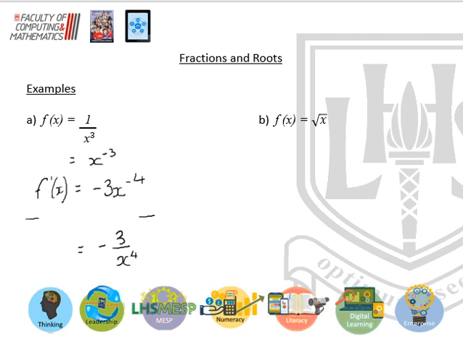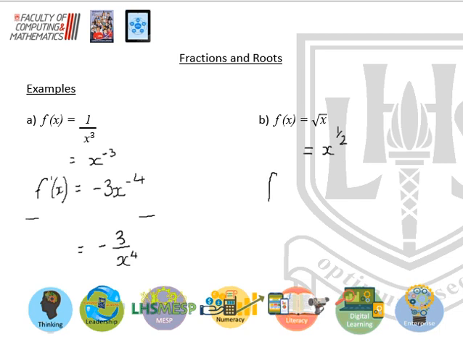Okay, in B here, we're doing f of x is equal to root x. We cannot differentiate that as it stands because we've got the root there. So we need to rewrite f of x is equal to root x in index form with a power. This is a square root, so the 2 is going to go to the bottom of my power, the fraction in the power.